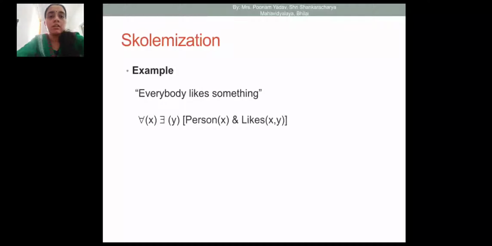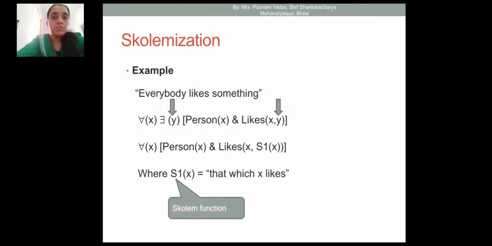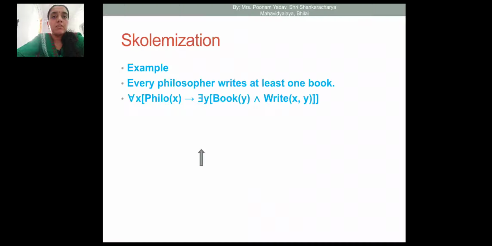Here is the predicate logic: for all x, there exists y, person x and likes x y. Here y is the existentially quantified variable, so we replace this y with the Skolem function s1 of x, that which x likes. So here we write for all x, person x and likes x, s1(x). In this way Skolemization is performed.